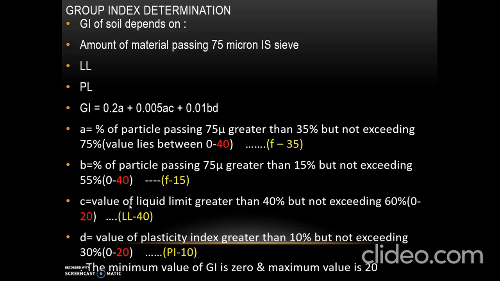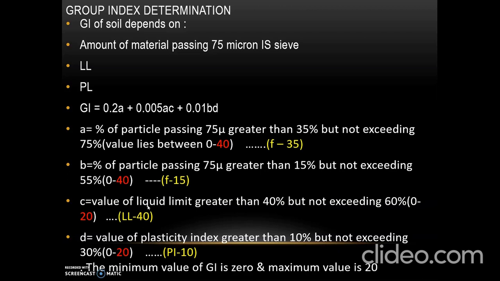Next, the C value is the value of liquid limit greater than 40% but not exceeding 60%. So to find the value of C, we will use the equation liquid limit minus 40. In the problem, we will be given the value of liquid limit.